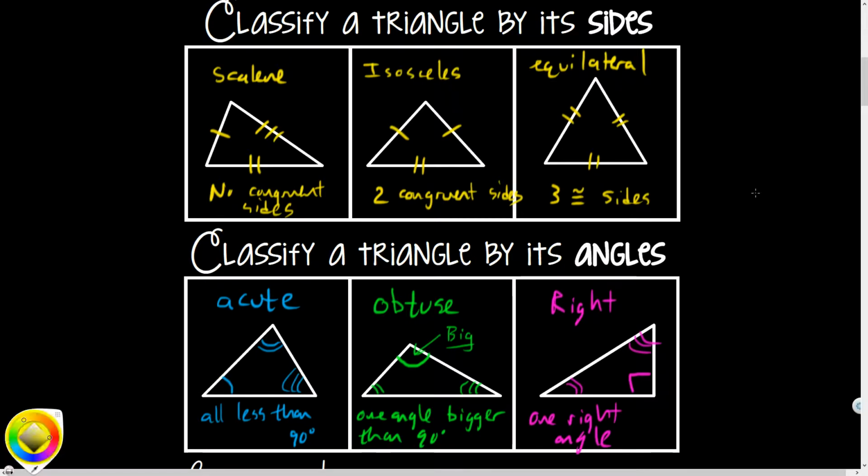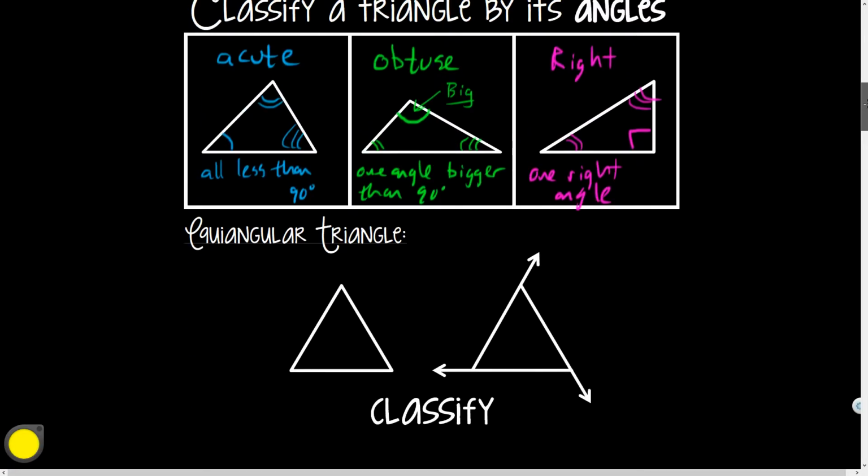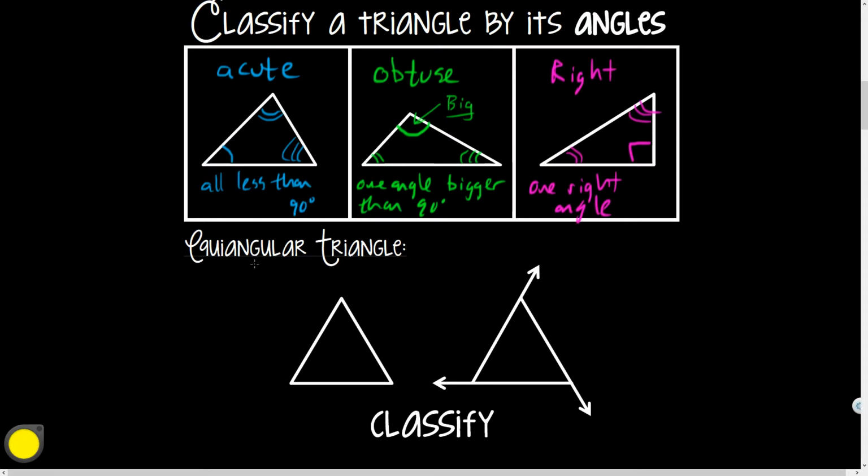Okay, let's keep going. These are names for things. An equiangular triangle, they didn't give us a picture of it, although it is right here, has 3 congruent angles.